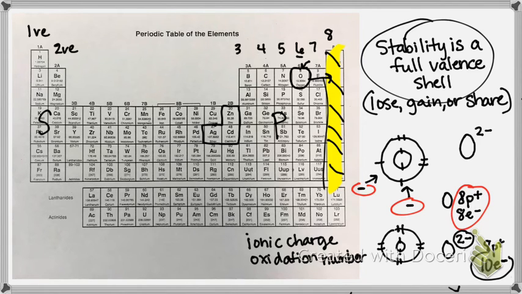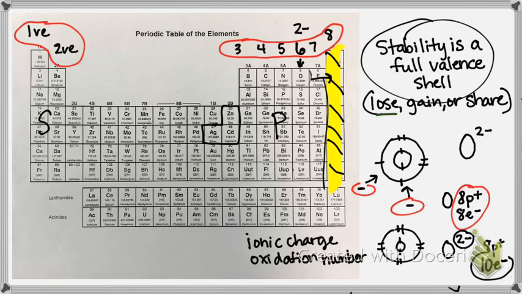Now, the thing is all elements in this group right here have what is known as a 2 negative ionic charge, okay? So these are my valence electrons, okay? But what I'm introducing to you now is the charge that an element will acquire once it gains valence electrons or loses them.